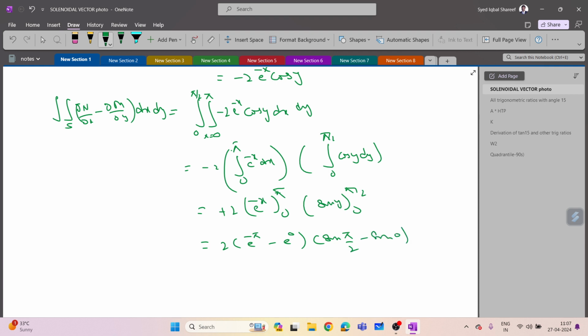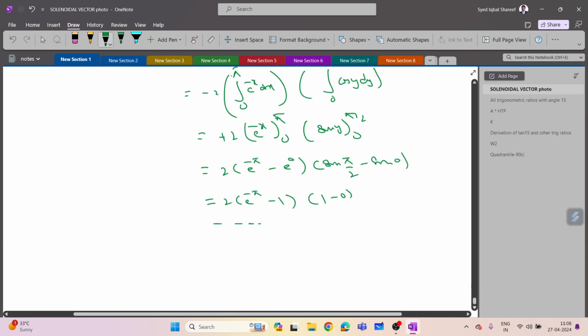Sin 90 is 1, sin 0 is 0. So the answer is 2 (e to the power of minus pi minus 1).